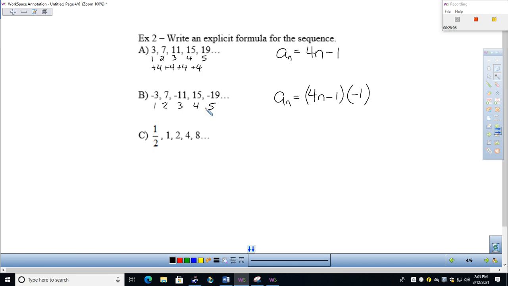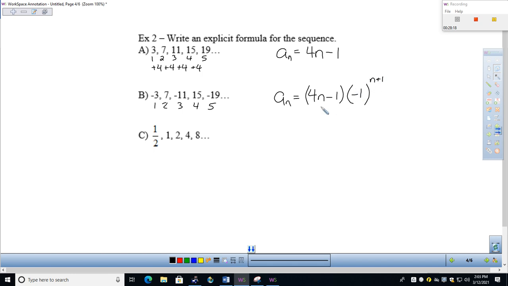Now here's the thing. In this particular case, let's put an n plus 1 just for the moment, like the last one. So if n is 1 to start, and I start out with 1 right here and then add 1, this becomes negative 1 squared, and negative 1 squared is actually positive 1.